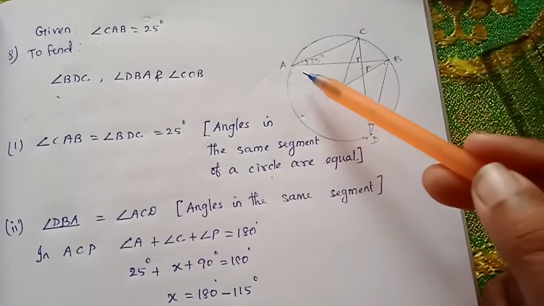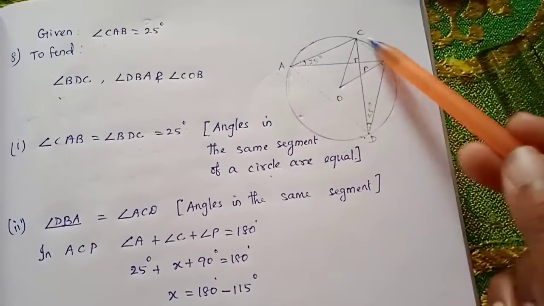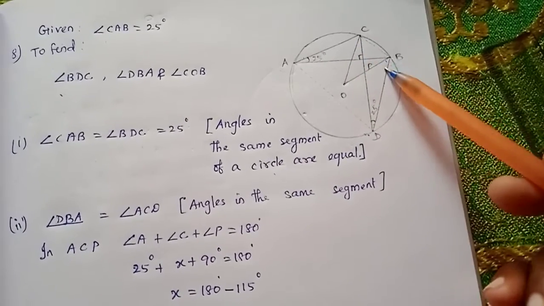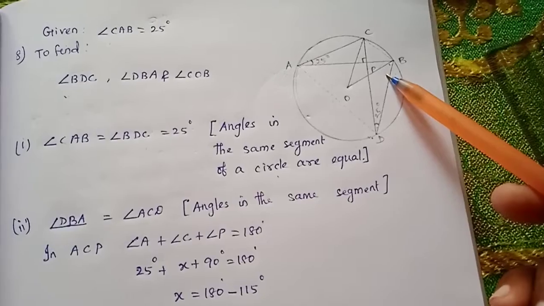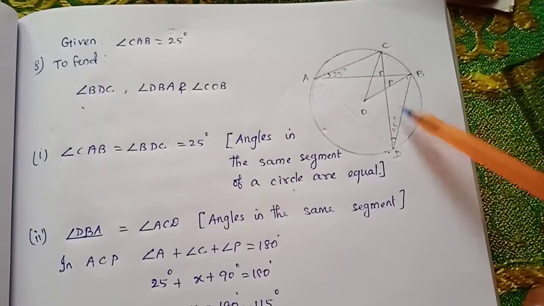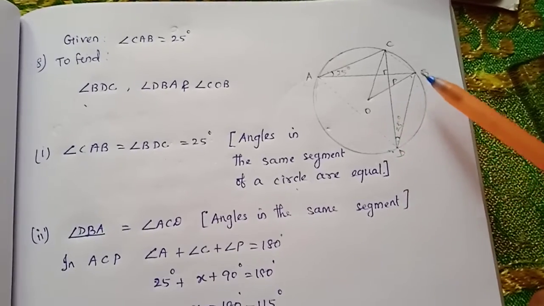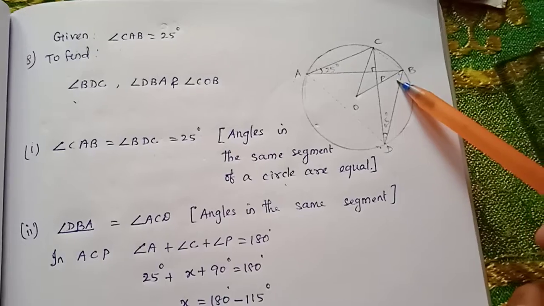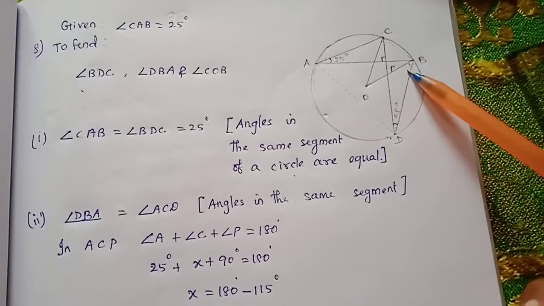According to this theorem, angles in the same segment of a circle are equal. So if it is x degrees, then this also will be equal to x degrees. Now we have to find out angle DBA, this angle.